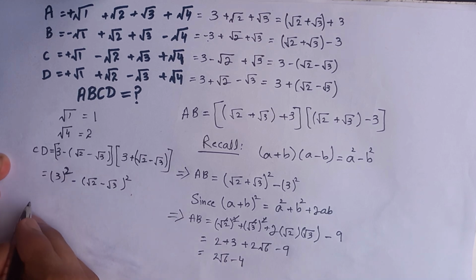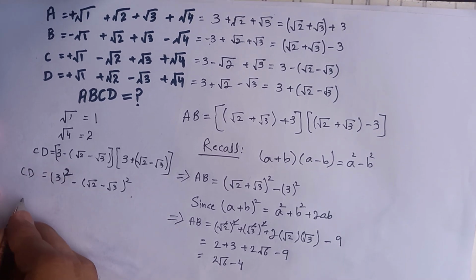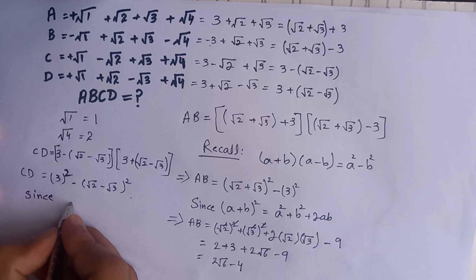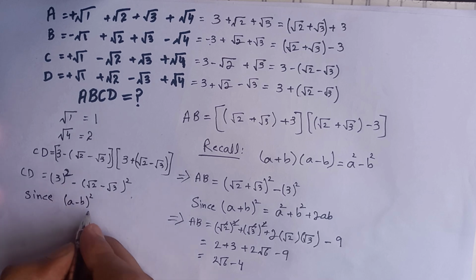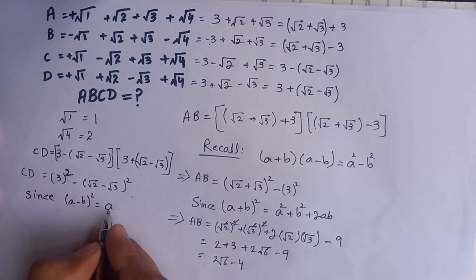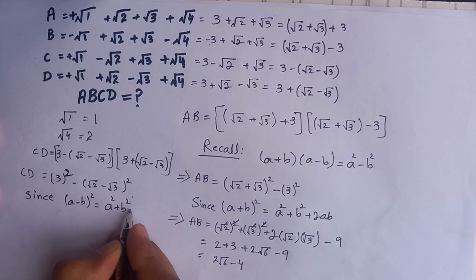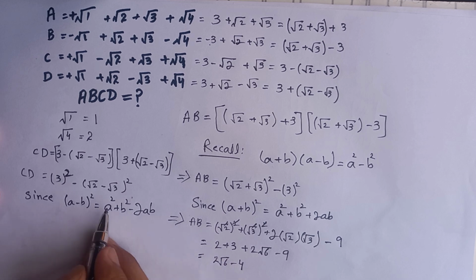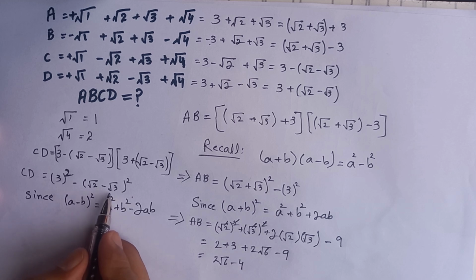Now here we will use the formula a minus b whole square, which is equal to a square plus b square minus 2ab. Look, the value of a is square root 2 and the value of b is square root 3.